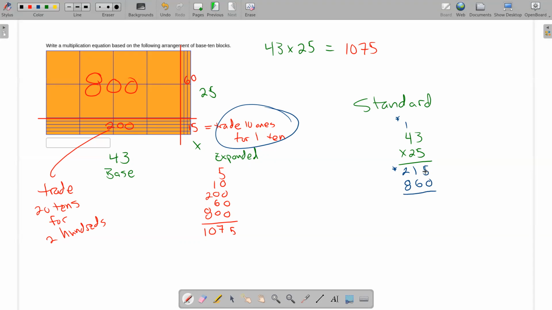And then add 5, 6 and 1 is 7, 8 and 2 is 10. Now that's technically a carry, but I don't have a 1,000 block to play with here on the screen. So I can't show that there. But the standard algorithm, anytime you carry, anytime you jump a place, that should represent a trade with the base 10 blocks.